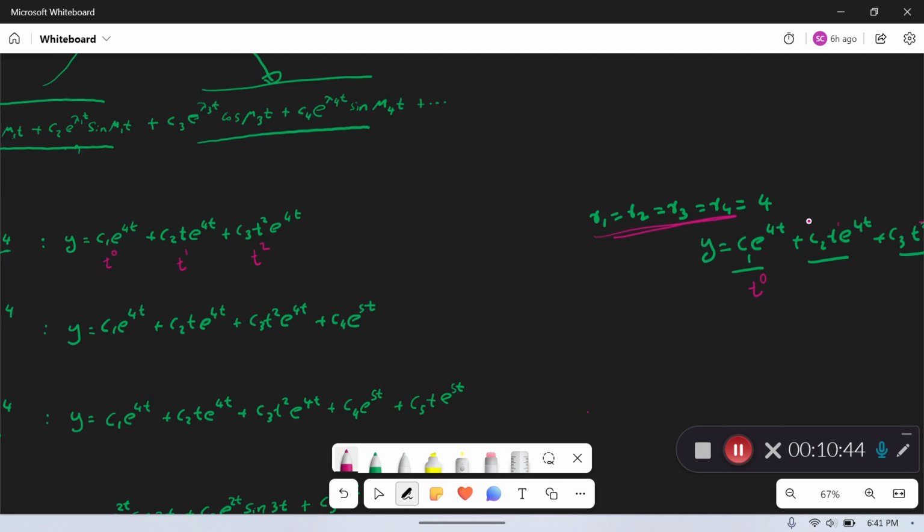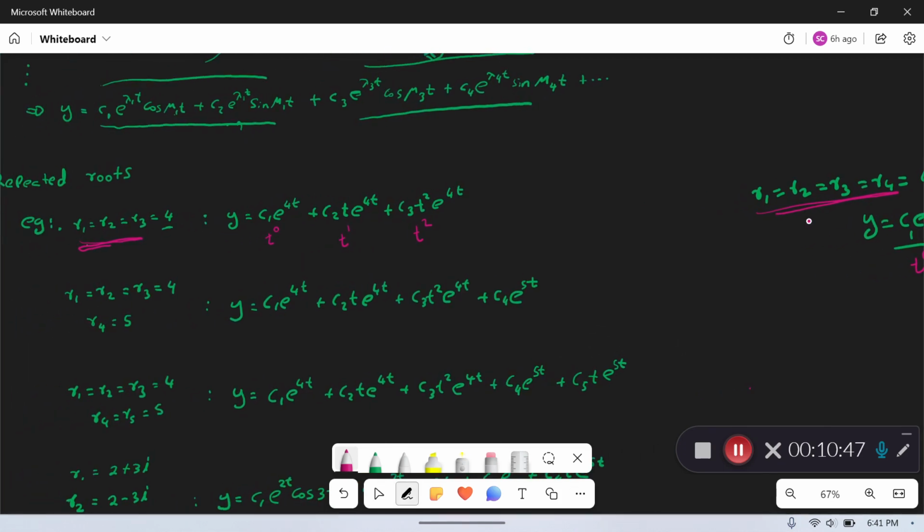Now the thing is, when you have stuff like this, with the initial conditions you have for the differential equation, sometimes these terms may vanish. For example, if you have C1 equals C2 equals 0, and let's say C3 equals 2.2, then what remains is y(t) equals 2.2 t^2 e^(4t).